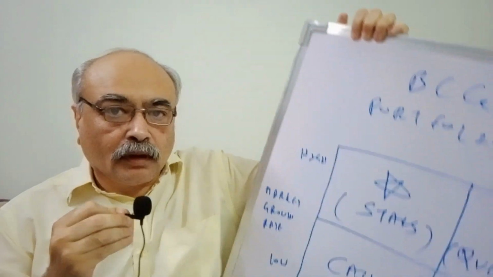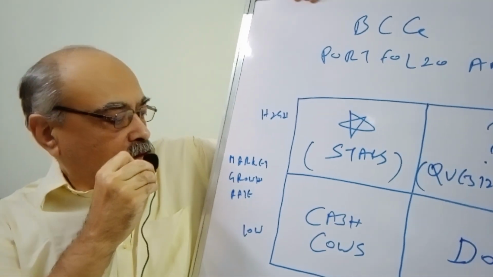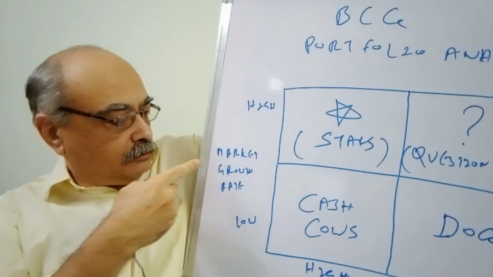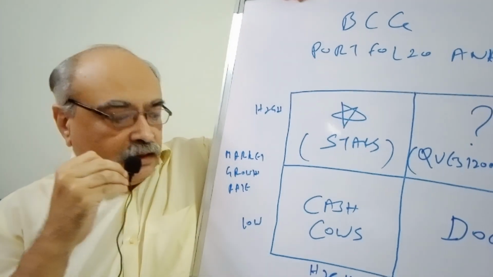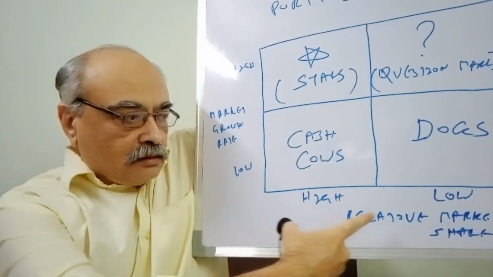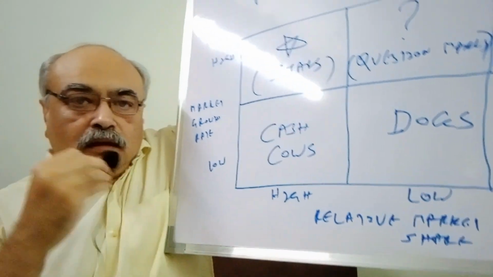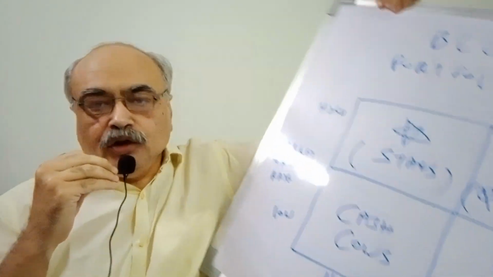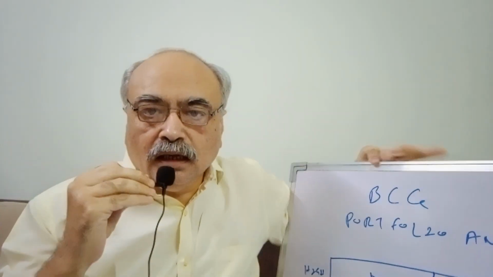So it looks at two axes here. One is the market growth rate, and the second is the relative market share.